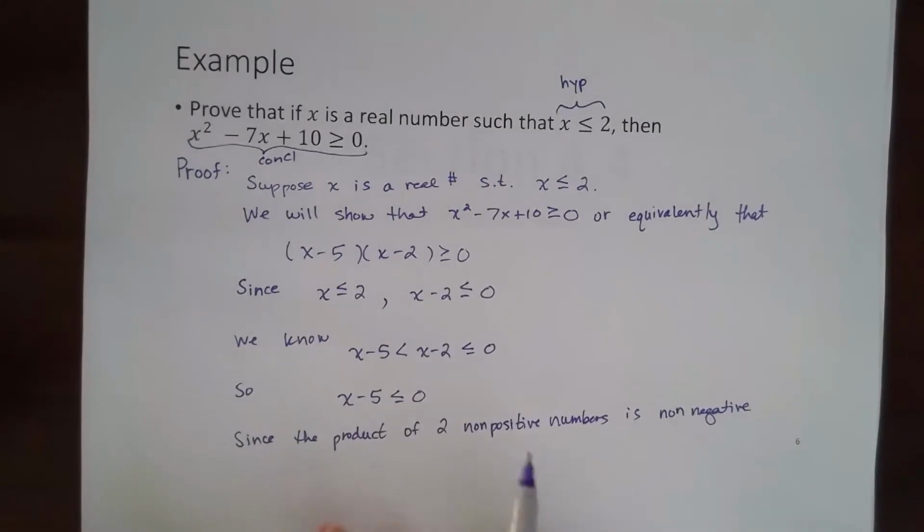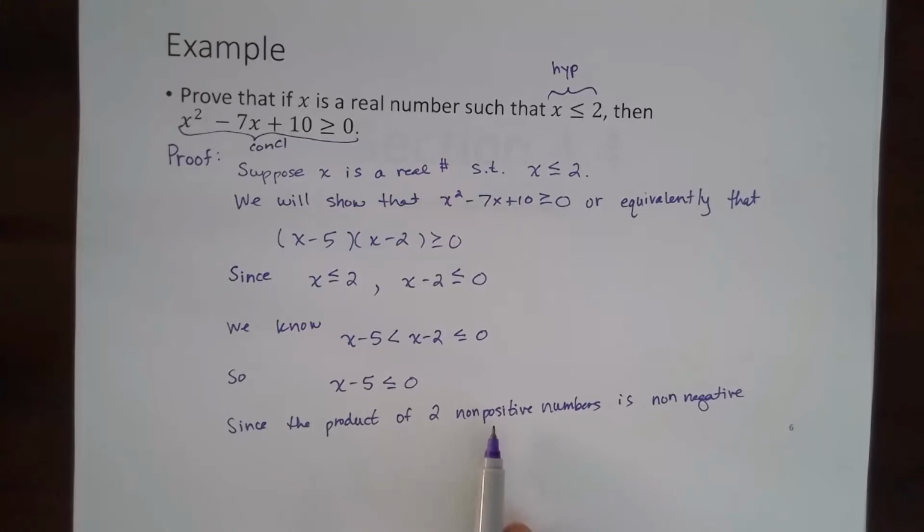Okay, because non-positive means there could be a 0 in there, right? So, you take two non-positive numbers and you multiply them together. That might be a negative number times a negative number, in which case you would get positive, or it could be a negative number times 0, because 0 is still non-positive. So we can only say non-negative.